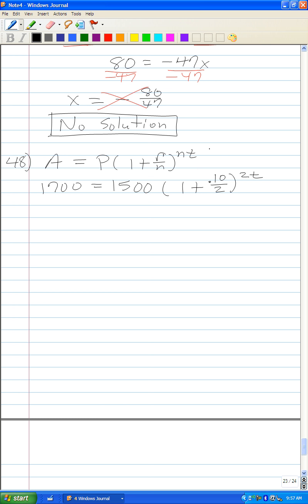So t is given in years, since our unit of time is year. Let's divide both sides of my equation by 1,500. And so that becomes 17 over 15 is equal to 1.05 to the 2t. Let's solve for t. So let me take, I don't care, I'll say ln of both sides of my equation.